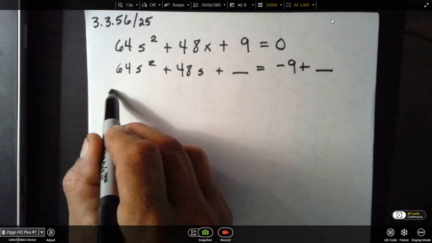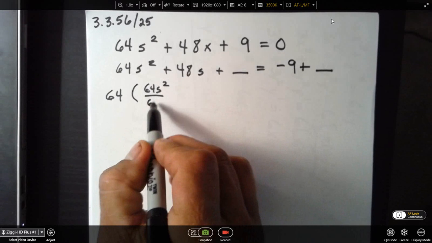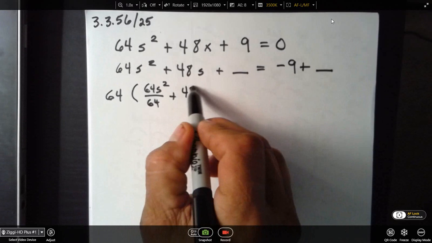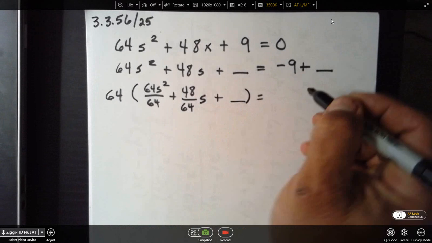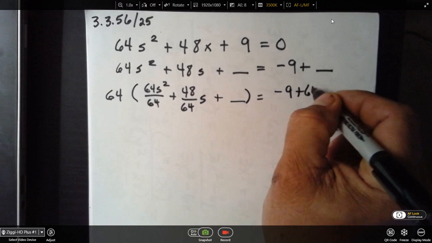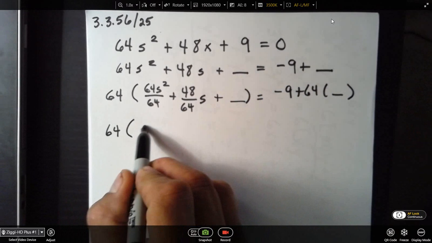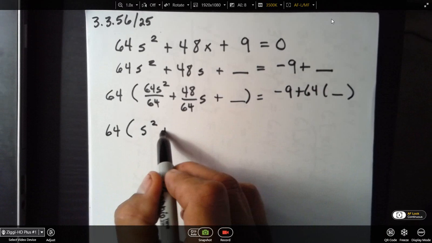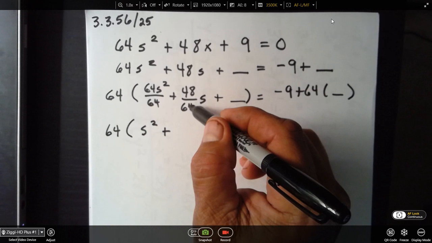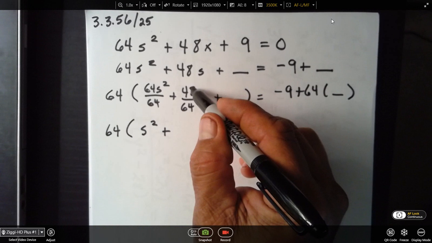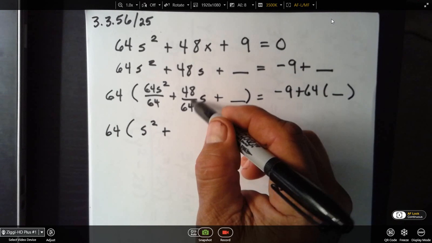Factor out the 64, and that'll be 64 times s squared over 64 plus 48 over 64 s plus blank is equal to -9 plus 64 times blank. 64 times s squared plus, I know 8 will go into both of these, that'll be 6 over 8, 3/4.